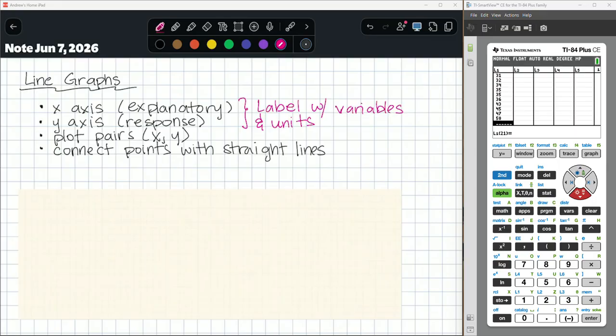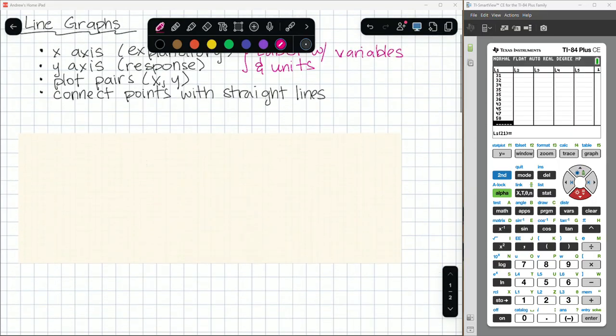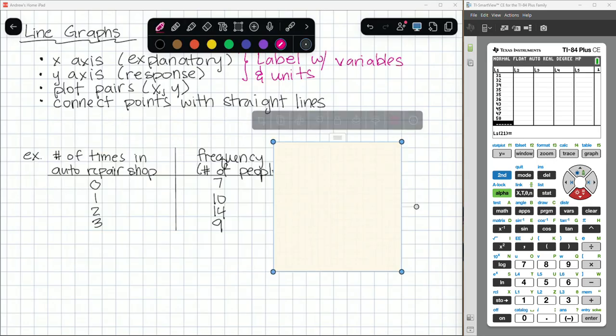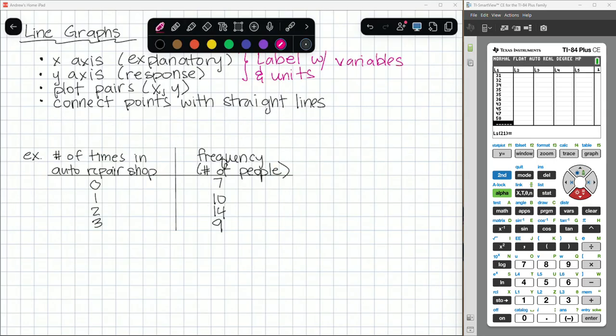We're going to do one quick example so you can see how this works. Let me delete my covers here. So we have an example where we have a survey of data from 40 people who were asked how many times a year they had their car in the shop for repairs.